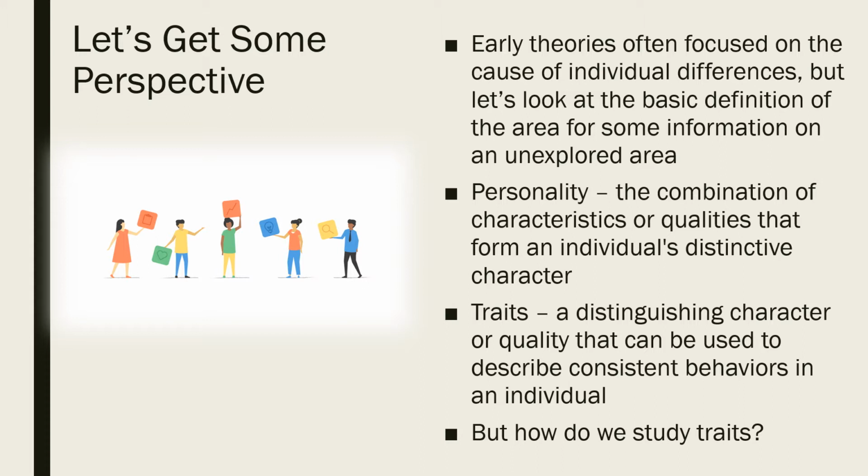But when we look at the definition of personality psychology, what we see is something that's really missing from a lot of the early ideas that personality psychologists tended to focus their attention on. If we're talking about personality, we're looking at the consistencies within you that make you unique from other individuals.